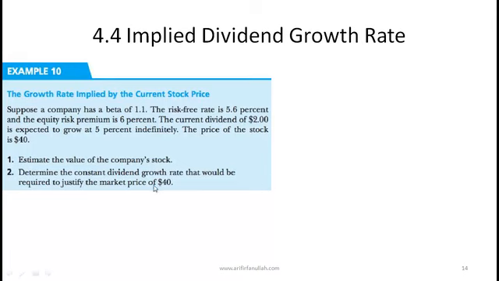So that's why I'm repeating it, even though it's not difficult. A company has a beta of 1.1, the risk-free rate is 5.6%, and the equity risk premium is 6%. So in your sleep, you should be able to calculate the required return. The stock price is 40.